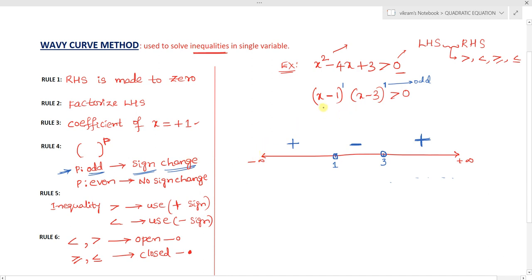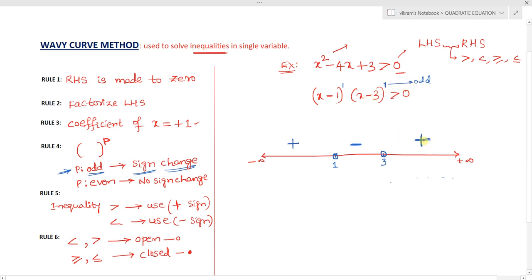Now we can write x minus 1 into x minus 3 greater than 0. For the rightmost of the larger root, it is always represented with a plus sign. Now moving from plus infinity towards minus infinity, we have the root at 3. At the value of 3, the power of the factor x minus 3 is odd.